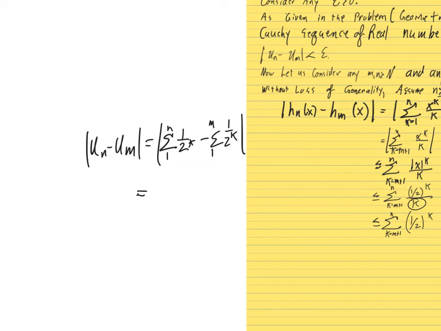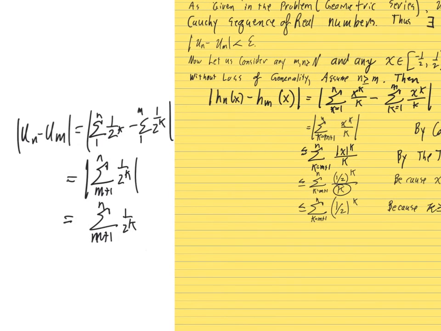That's the same as absolute value pairs, the sum from k equals m plus 1 up to n of 1 over 2 to the k. Those absolute value pairs don't matter. Everything in there is positive. Which is exactly what we see here.